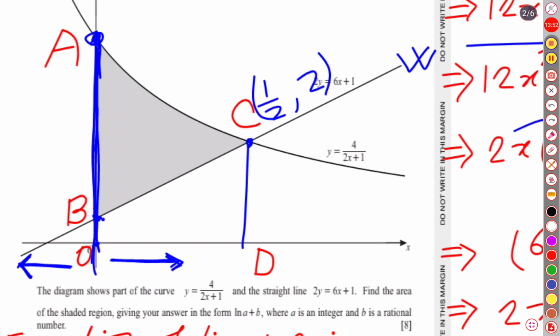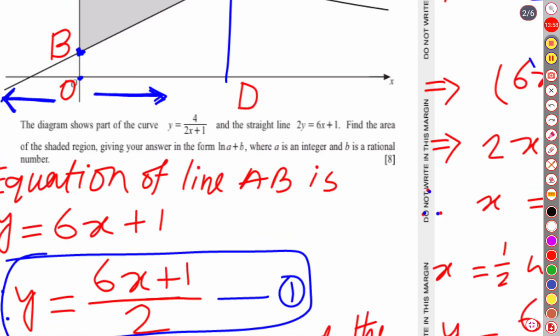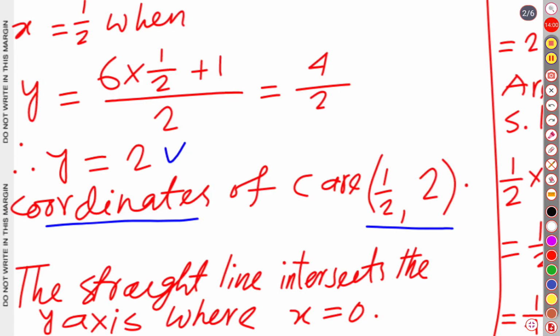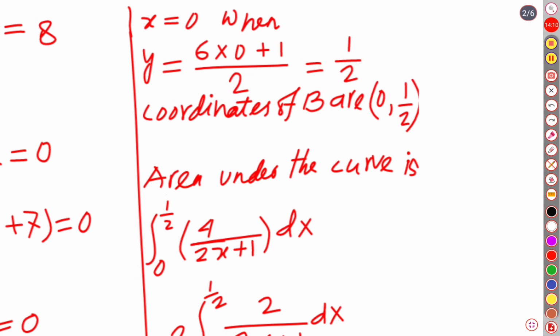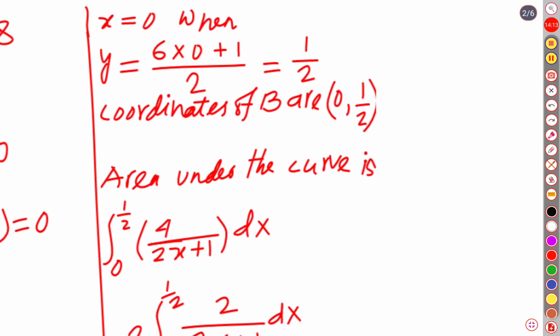If x coordinate is 0, we can easily find y coordinates. The same concept I have written over here: the straight line intersects the y-axis where x is equal to 0. So y-axis means any of the x coordinate will be 0. So if x is 0, then we will have to find how much is the y coordinate.